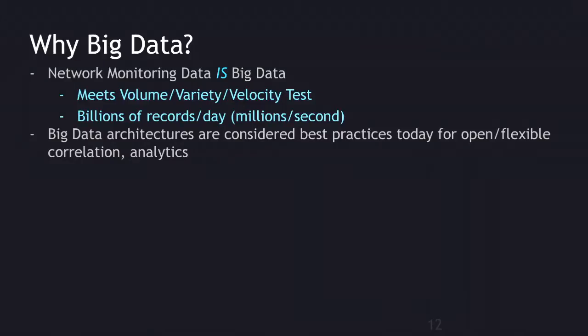And the other reason why big data is a good place to look for answers here is the architectures in the market today. Really, this represents some of the cutting edge in terms of data manipulation, data science, data analytics, flexibility, and openness for bringing data in quickly, easily, cost effectively.